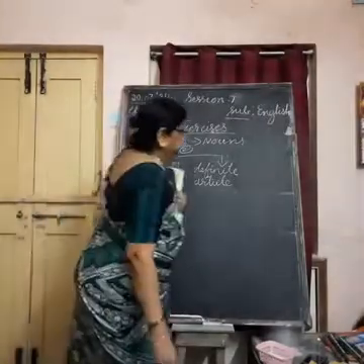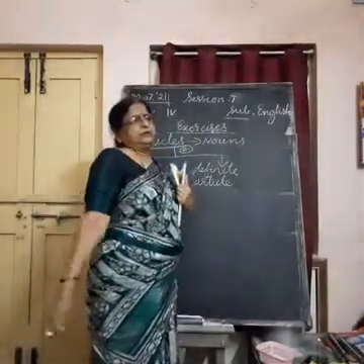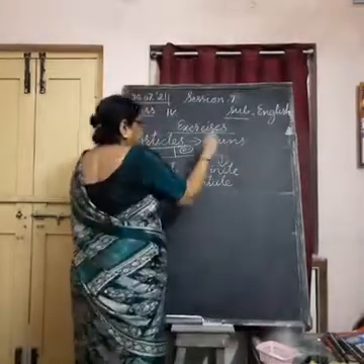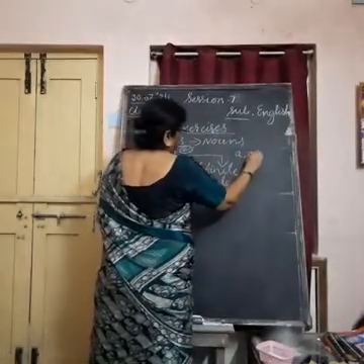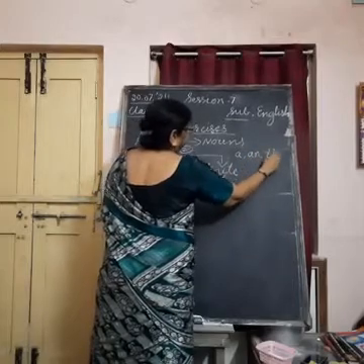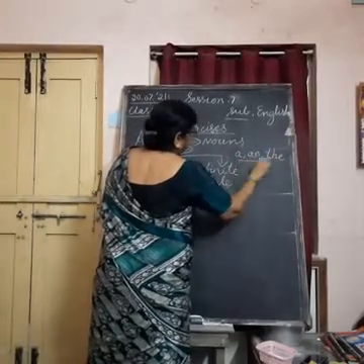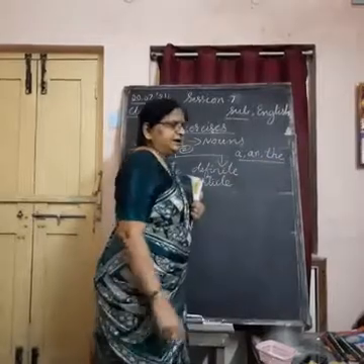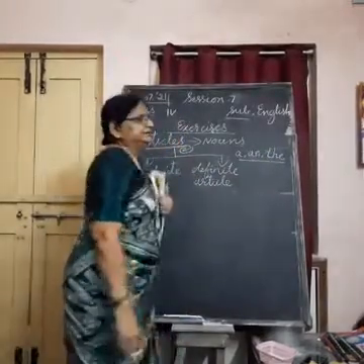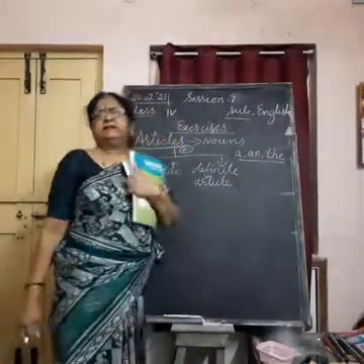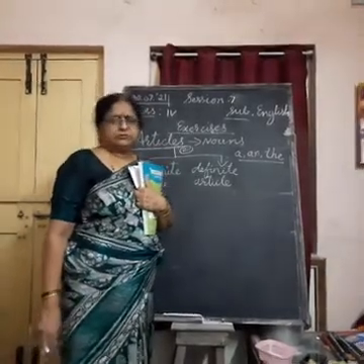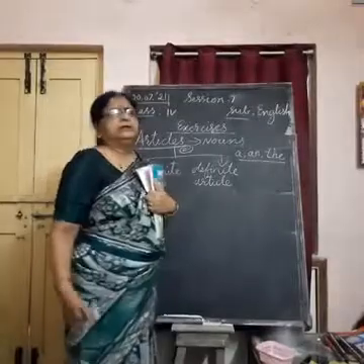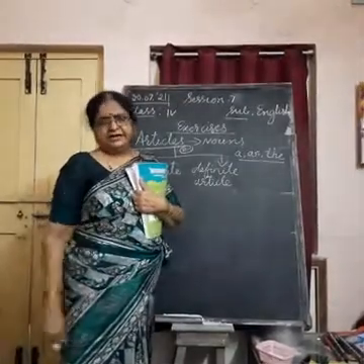You remember, I think in your second, third, fourth class you came to know about a, an and the. These three words we use. A, an and the. When to use with which word your teacher must have told you. But even then, let me teach you in a detailed manner.